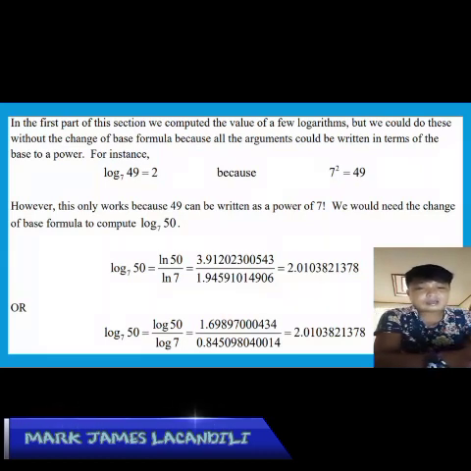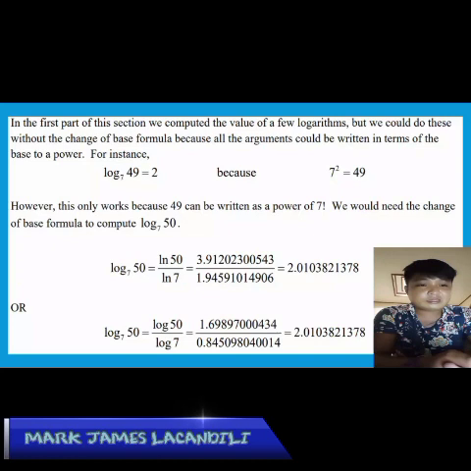Or log base 7 of 50 equals log 50 over log 7. The value of log 50 is 1.698970004 over the value of log 7, which is equal to 0.845098040014. So it is equal to 2.0103821378.